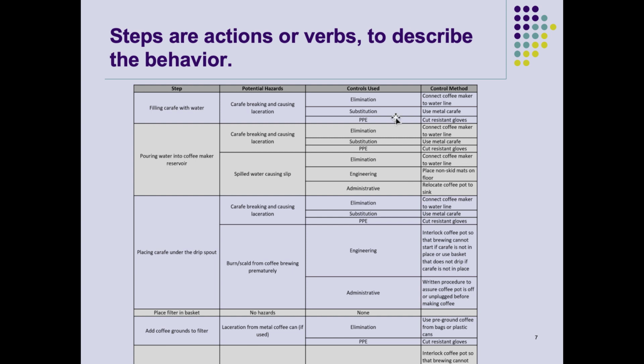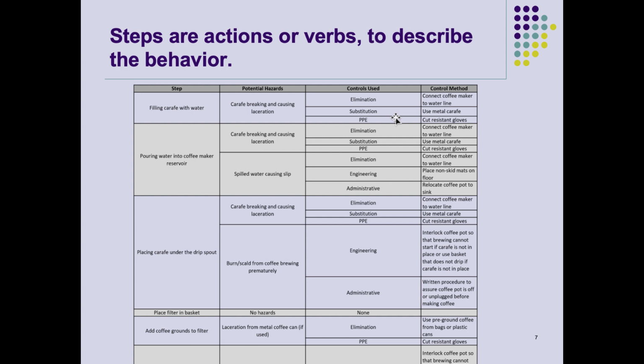So here we have another example, and I like this example because we've all done this before, whether it's at our home or in a professional setting. And so when we look at the steps, you see how these actions or verbs are action verbs, right? So we don't have a word in there like carefully. We have words in there like the person is doing something.